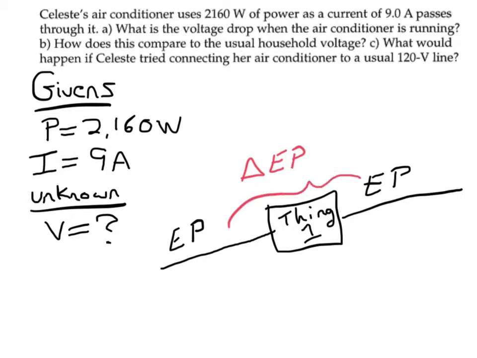And remember that the difference in electric potential is measured in volts, so therefore we commonly say what is the voltage. So voltage drop, all it's asking about is what's the voltage from one spot to the other.